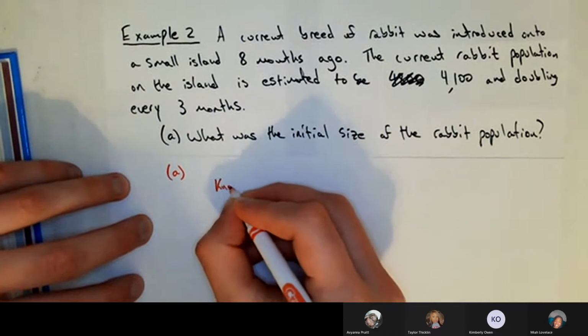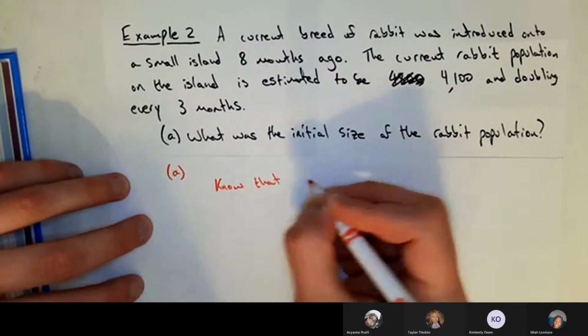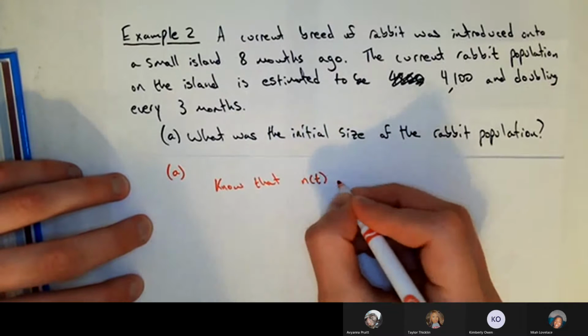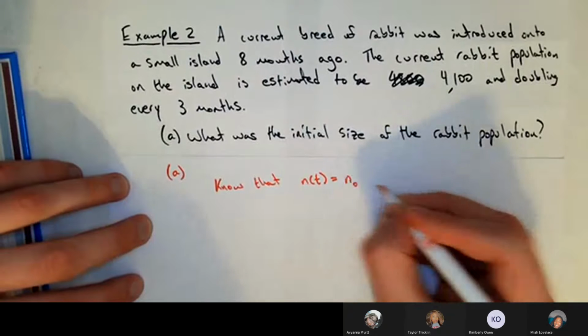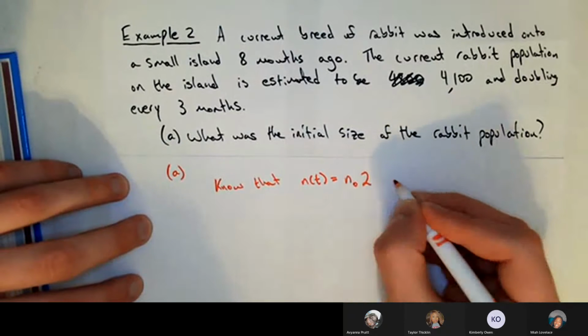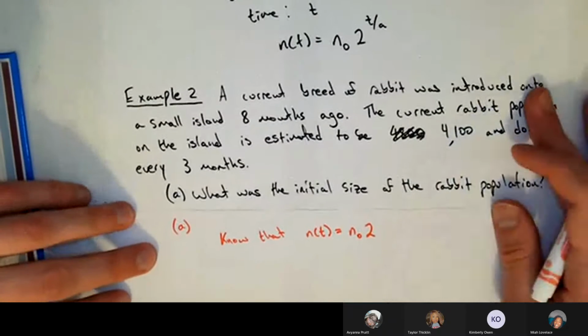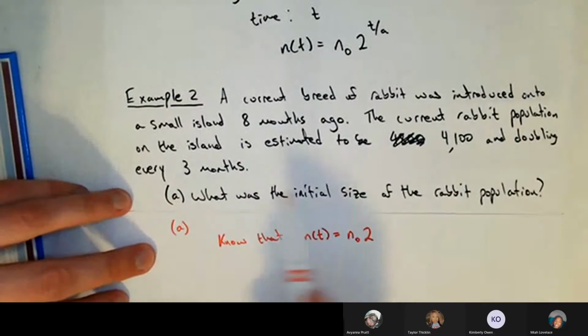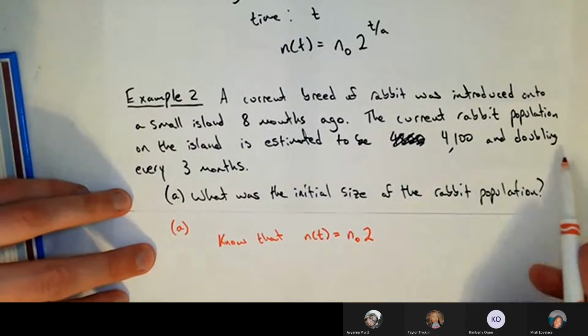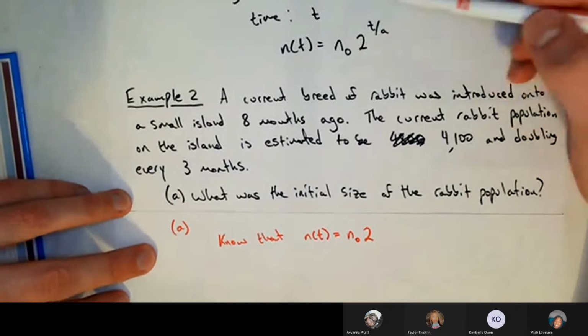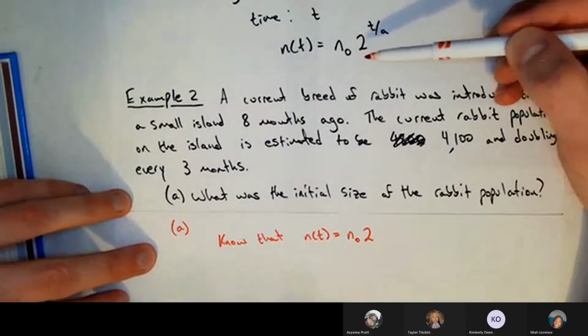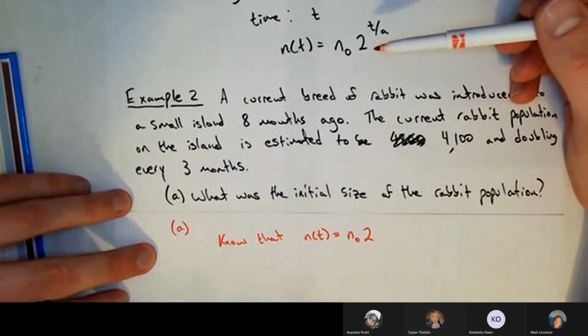So I know the model, this function formula, should look like this. I don't know N naught, and then 2. Why is the base 2 for this formula, by the way? Because this is all about populations that are doubling, right? We're given information about when they double. An exponential function that has a base of 2, you can think of as a doubling function.